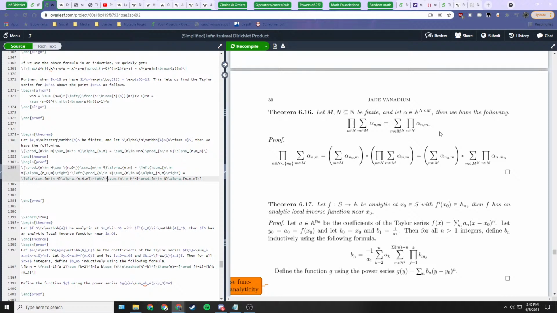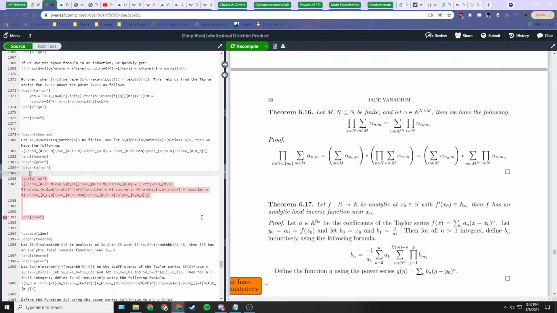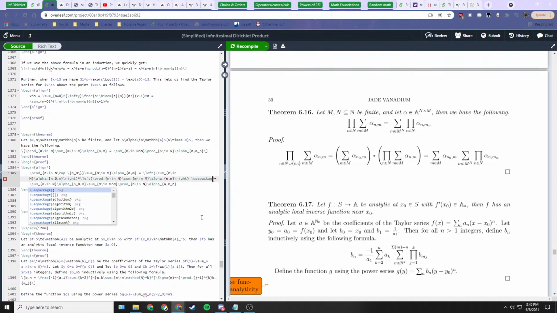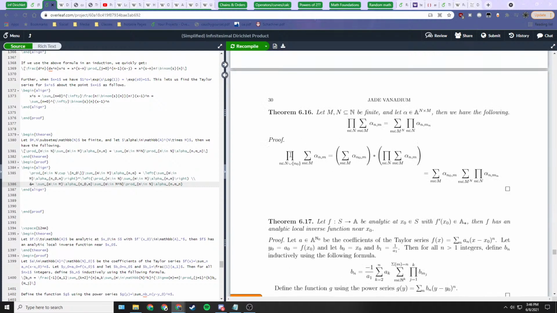So we're going to set up something like this, but we actually don't need these extra parentheses here, so I can pull these out. Let's do it in a line environment. Okay, so we're setting up our expression.